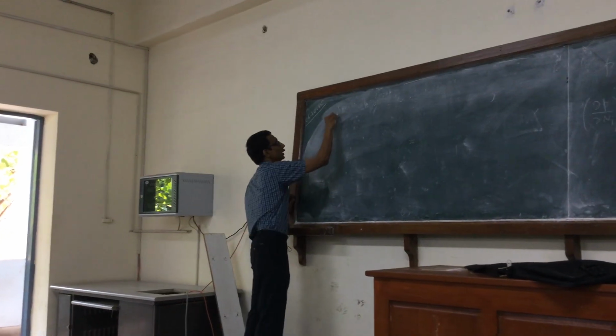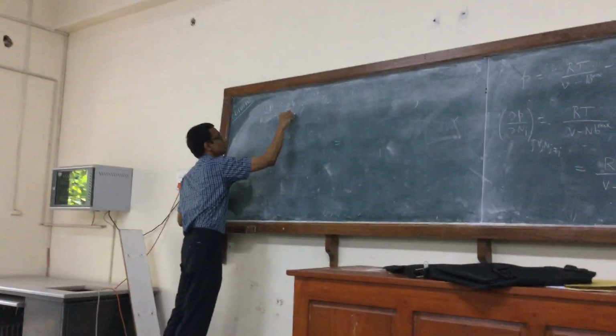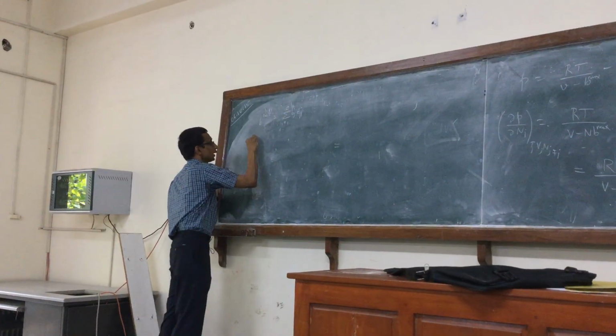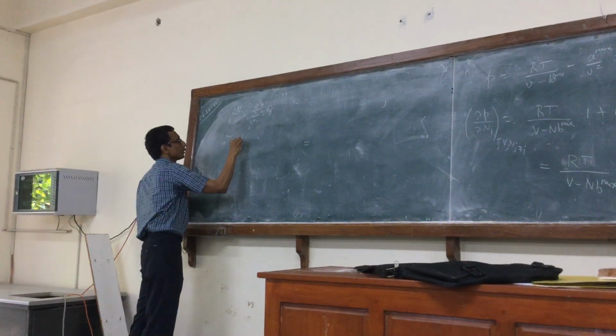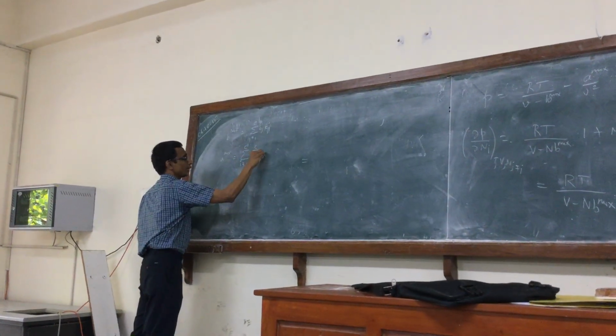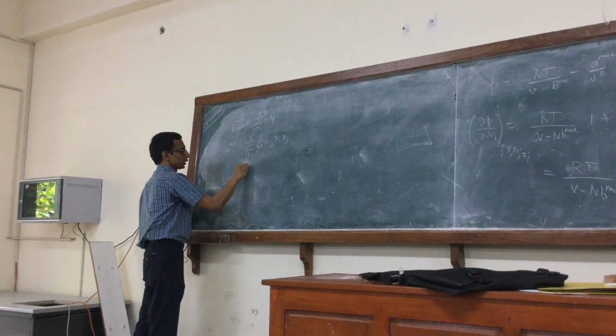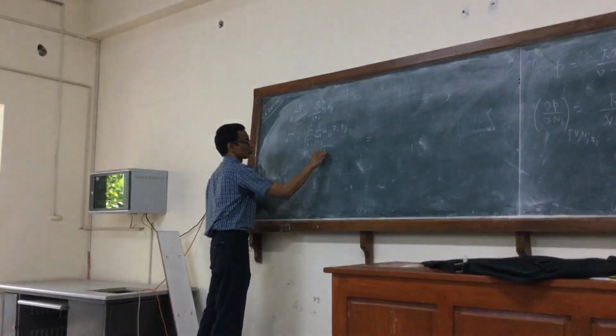So now the formula that I am going to derive applies to the particular mixing rule I have chosen, which is that B mix is sum over j equal to 1 to C of B_j Z_j, and A mix is sum over i equal to 1 to C, sum over j equal to 1 to C of A_ij Z_i Z_j, where A_ij is given by the square root of A_i A_j.